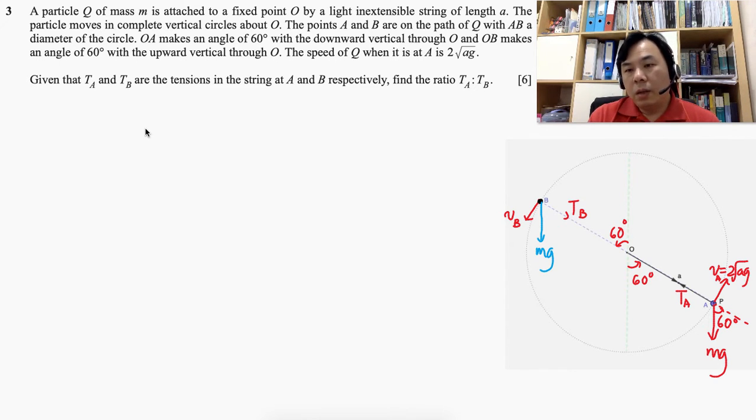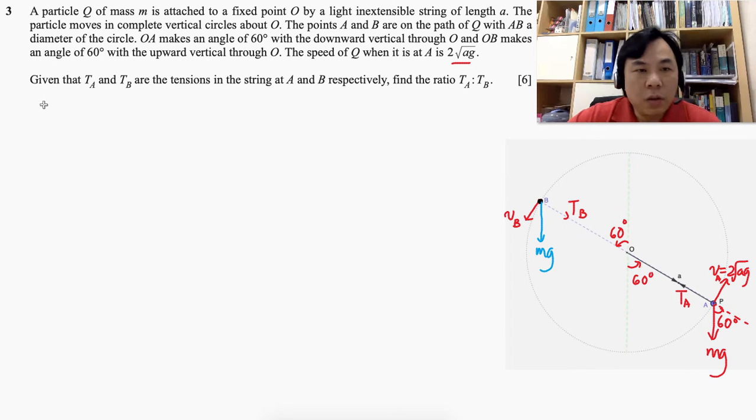The first step is to make use of all the information that we have at this point. We know that the speed of the particle Q at position A is given as such, so we're going to make use of this.